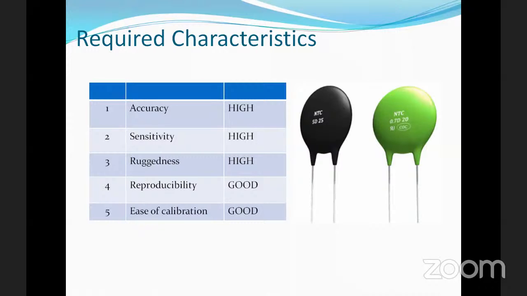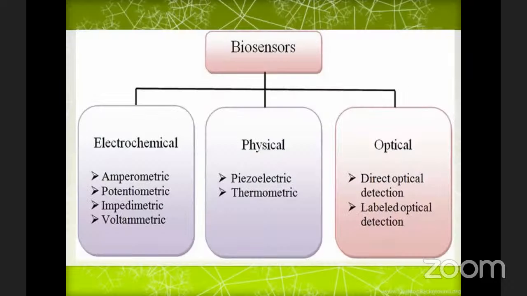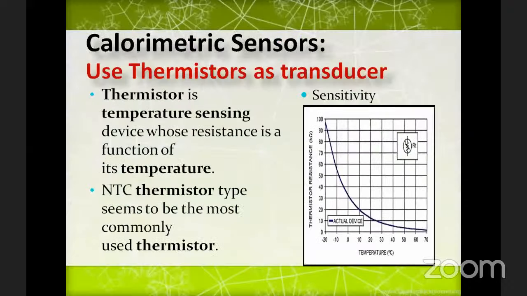So as the temperature increases from around -20 degrees Celsius to around 70 degrees Celsius, the y-axis shows the resistance variation from 100 kilo ohms to a very few ohms. So 0 to 100 kilo ohm variations are obtainable within the range of -20 degrees Celsius to 70 degrees Celsius, a range of around 100 degrees Celsius.